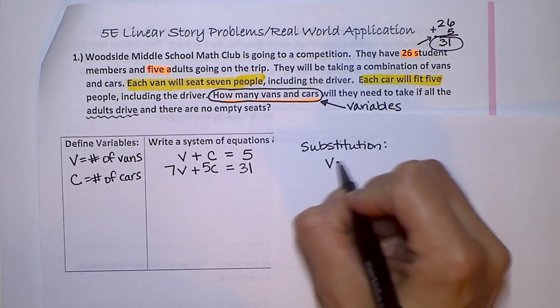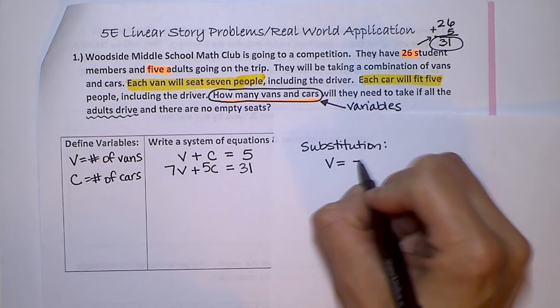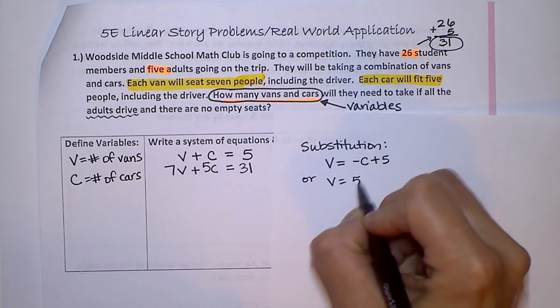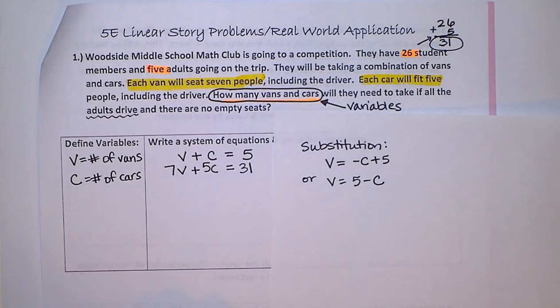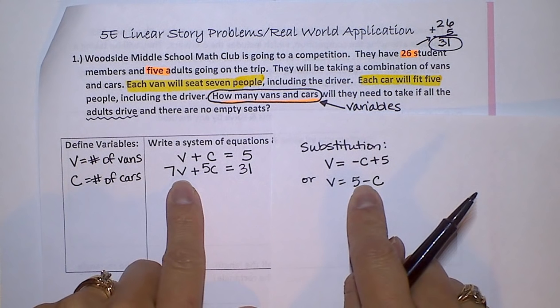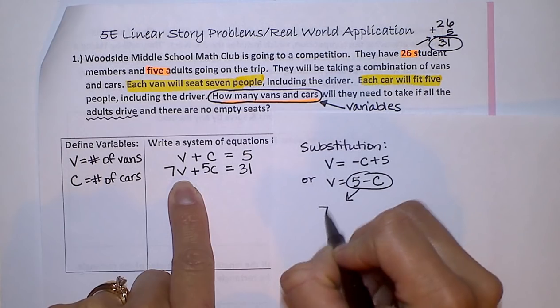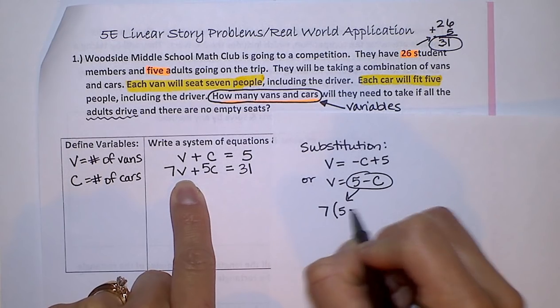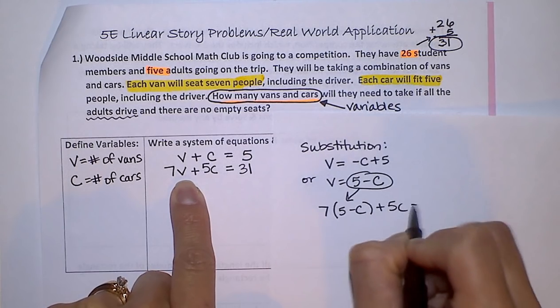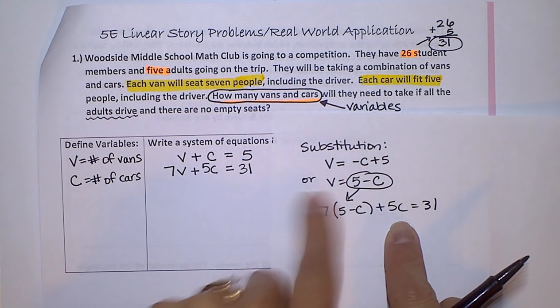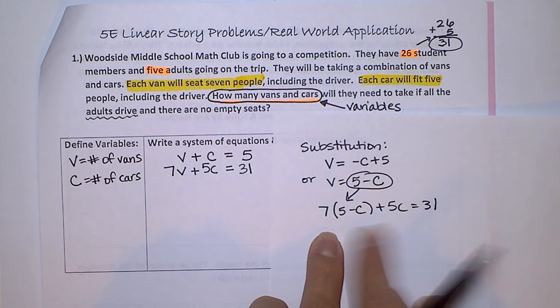So V equals negative C plus 5, or you could write V equals 5 minus C. Then I would plug this in for V. So you're going to substitute this in for the V, and you can solve the equation this way. Okay? So if you like substitution, you'll need to move something around, plug it in, and then solve for the number of cars.